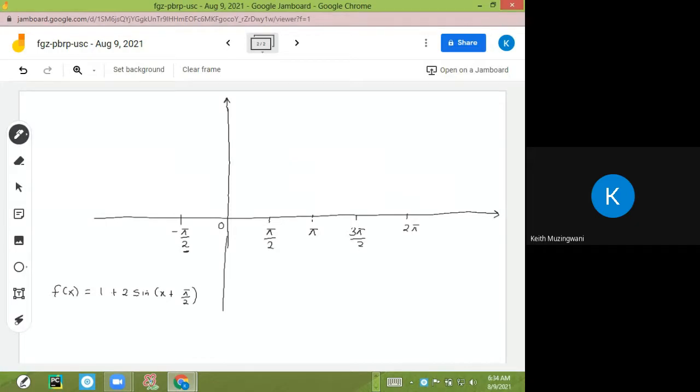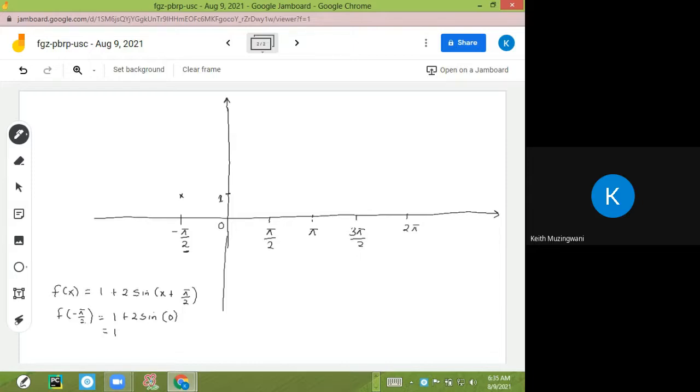So if you substitute for when x is negative pi over 2, we're talking about 1 plus 2 sine 0, because negative pi over 2 plus pi over 2 is just 0. Sine 0 is 0. So we have 1 plus 0 giving us 1. So our point is negative pi over 2 comma 1. So we have a point here.